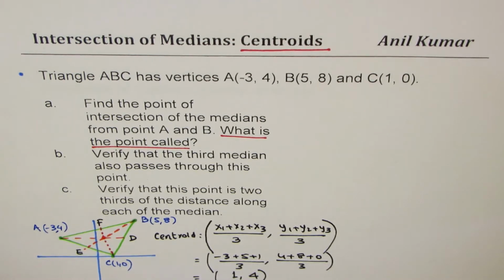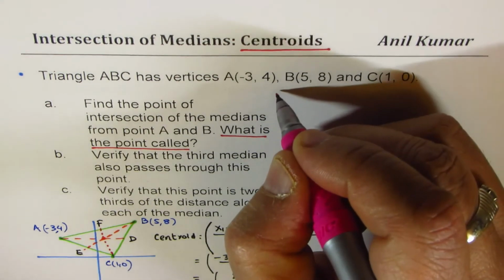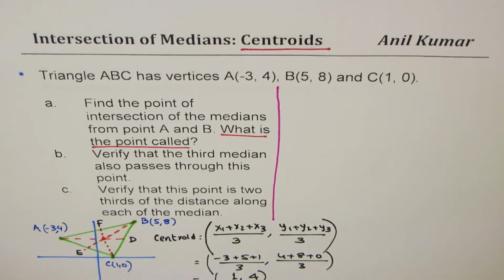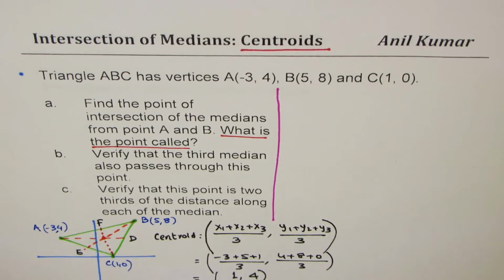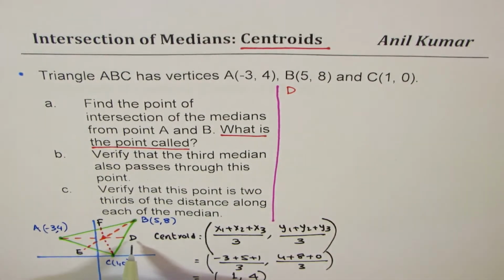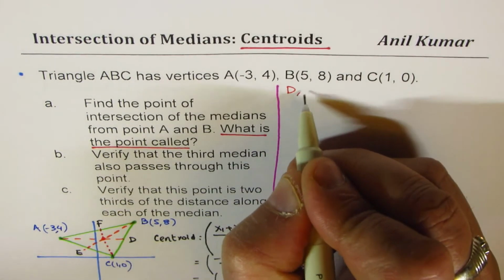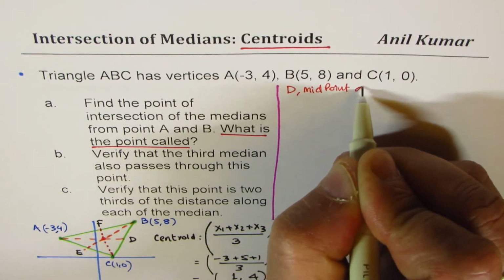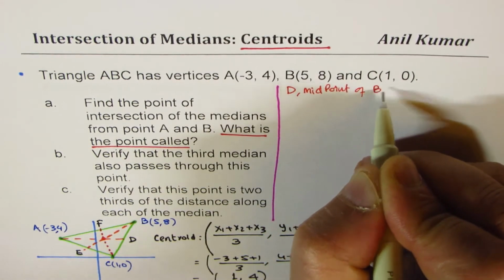However, we have to use the method which has been taught in the class to find the centroid. The method involves finding midpoints. So the first step is to find the midpoint of each side. Let's find AD. We'll find D, which is the midpoint of BC.